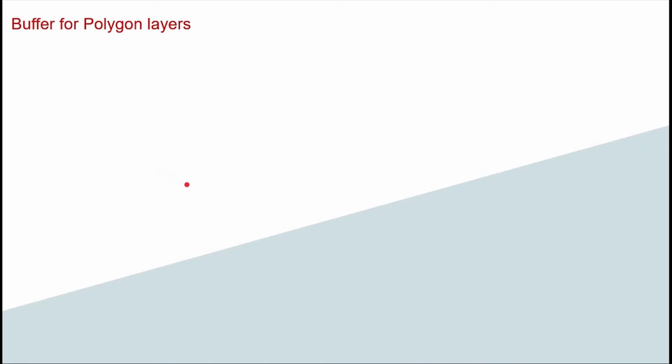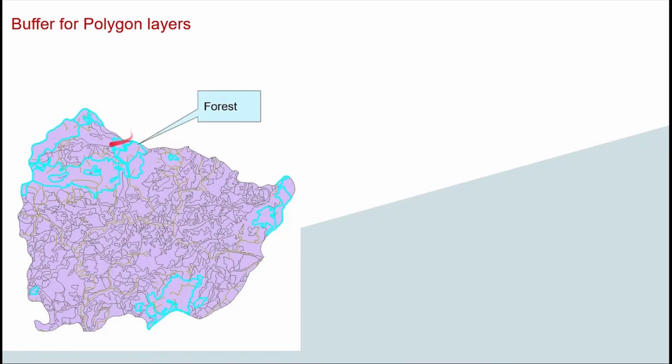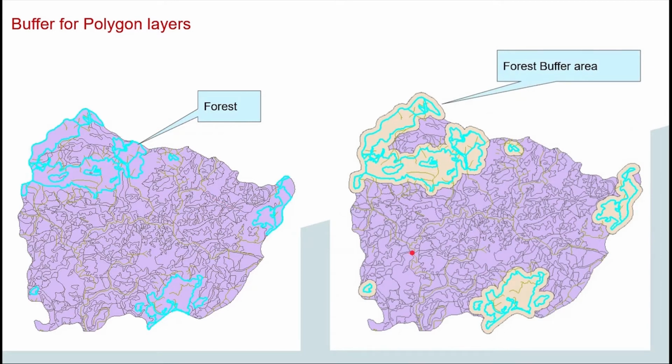Also, we can perform buffer for polygon features. Those areas are covered by forest. I will create a buffer for those areas. We will have this type of area buffer for the polygon layer.